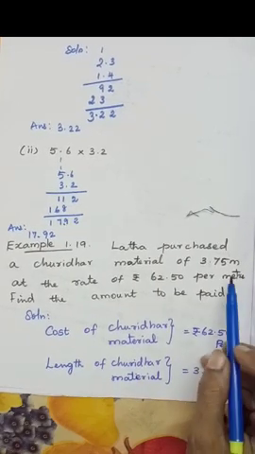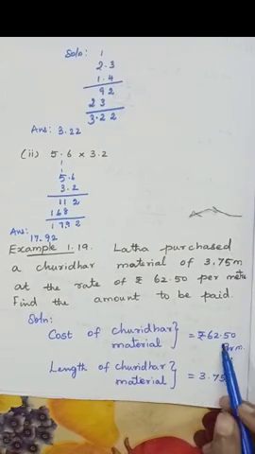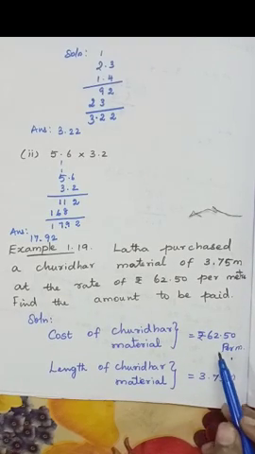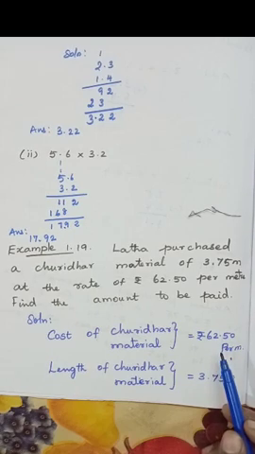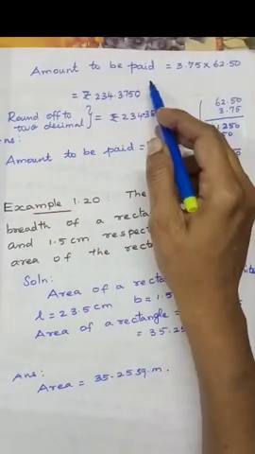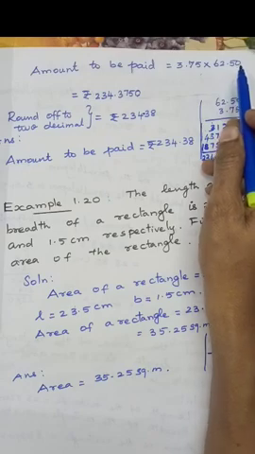So how many meters did she buy? 3.75 meter. So you have to multiply with this 3.75 and say the answer, how much amount she has to pay. Amount to be paid is equal to 3.75 into 62.50.